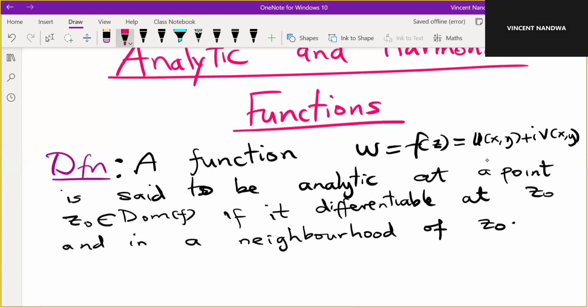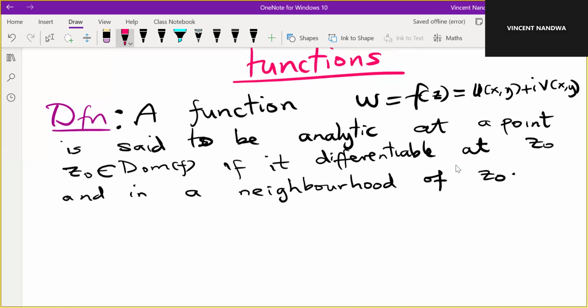When we say your function f of z is differentiable at z naught, we mean that the derivative of the function exists at that point z naught and at points around it.